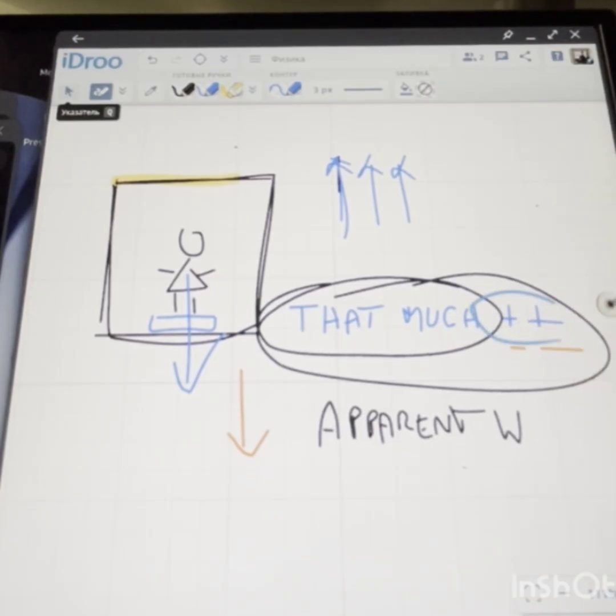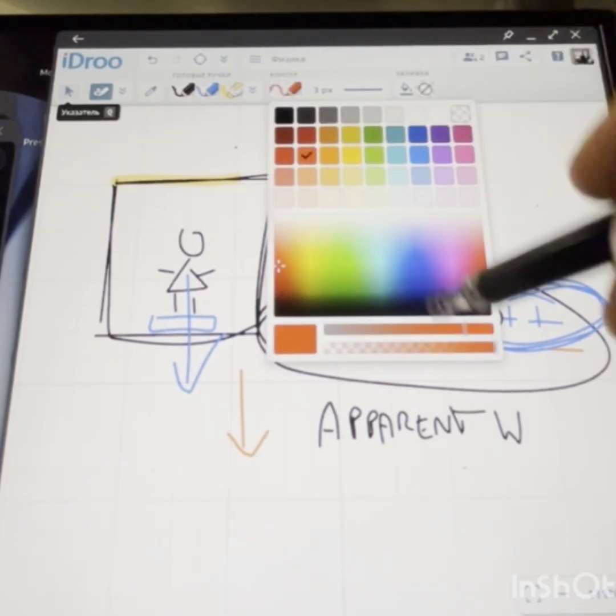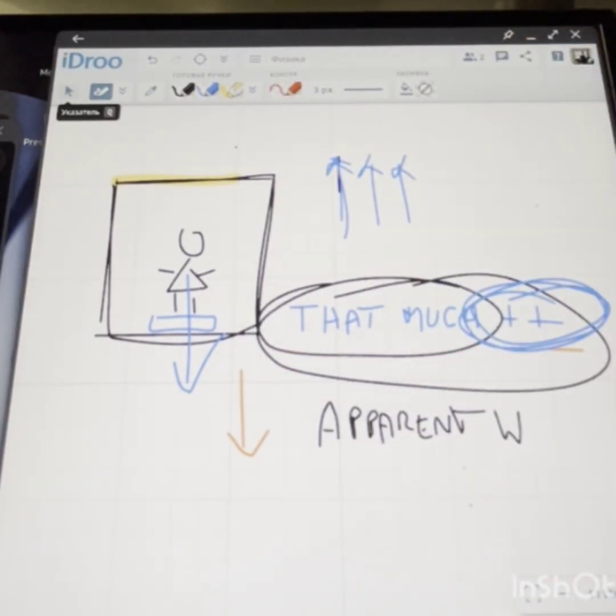And so you're going to weigh more. Good. On the flip side, when the elevator starts decelerating, namely accelerating the other way, you will read less on your scale because there is a reaction to the elevator acceleration in that way. Yeah. Okay. And all this is the so-called apparent weight.